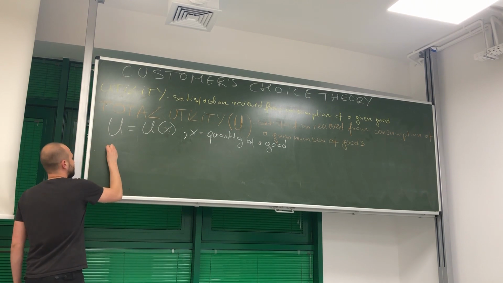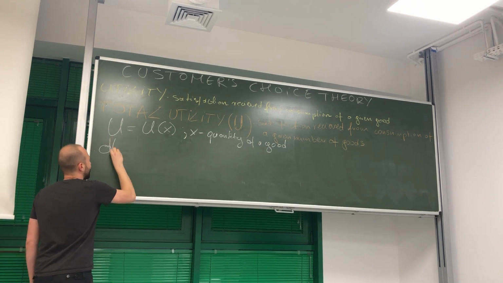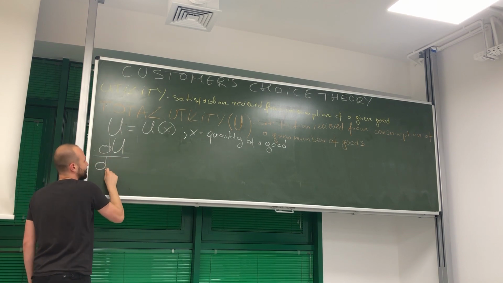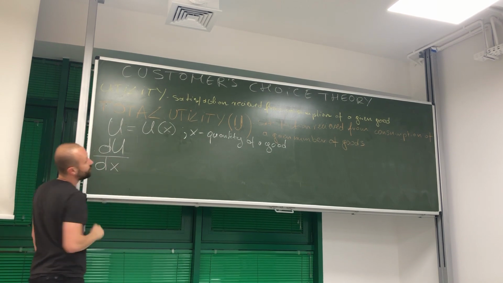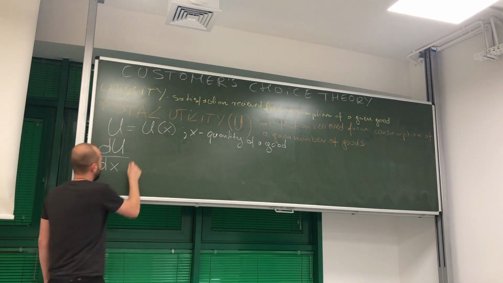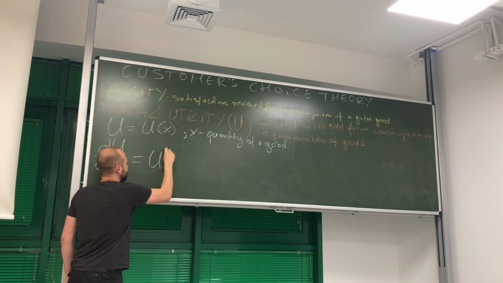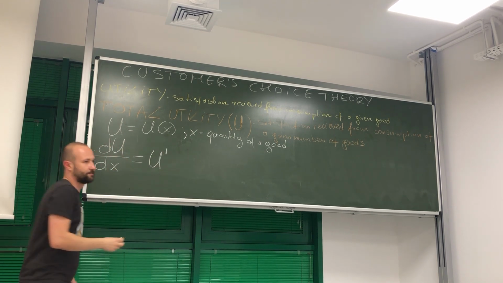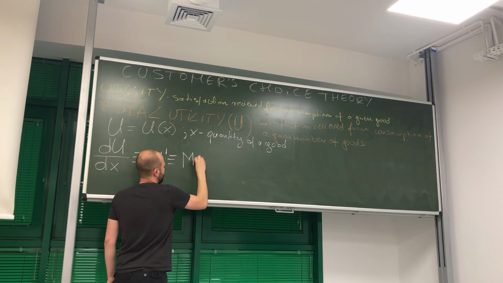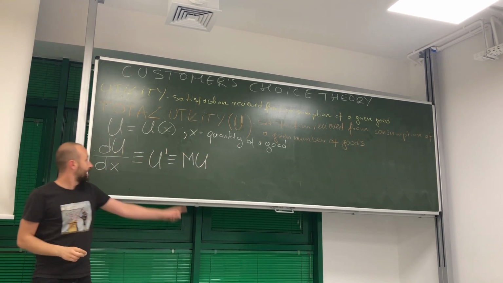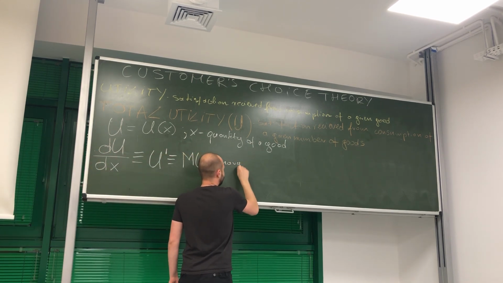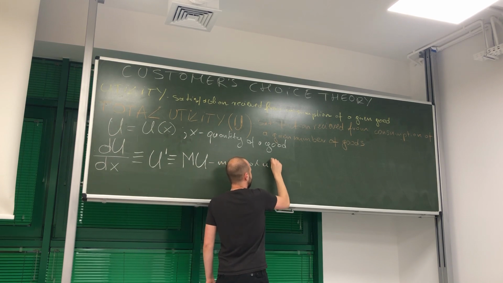And it turns out that if I take the utility function and differentiate with respect to x, what I'm going to get, we will be denoting usually as either U prime or MU, and this is marginal utility.